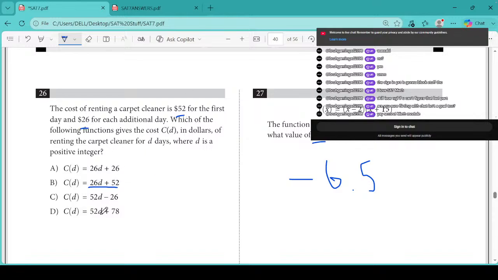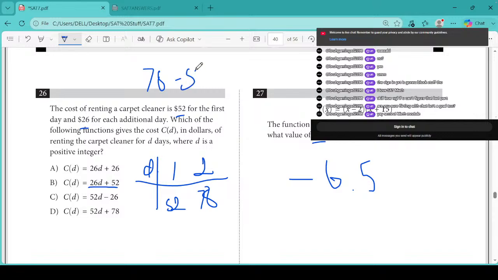However, the best approach here is you just make a table, D days, right? So if D equals 1, it's just 52 for the first day. And if D equals 2, it's 52 plus 26 for each additional day, giving you 78, right? Then you use the slope formula, 78 minus 52 over 1, because 2 minus 1 is 1, so you get 26 as the slope.